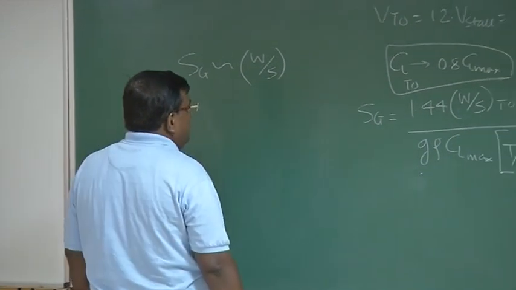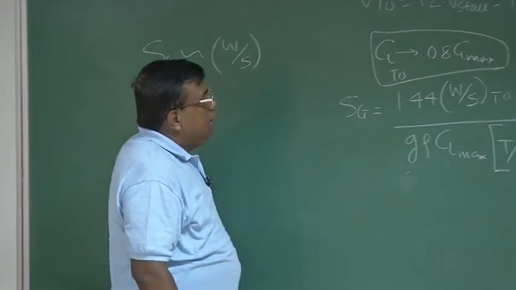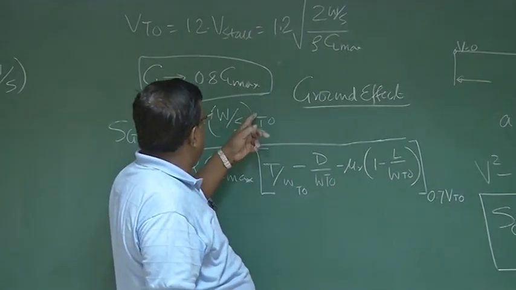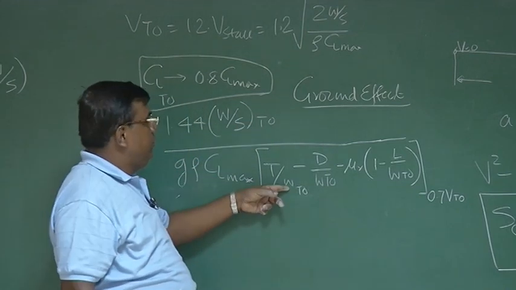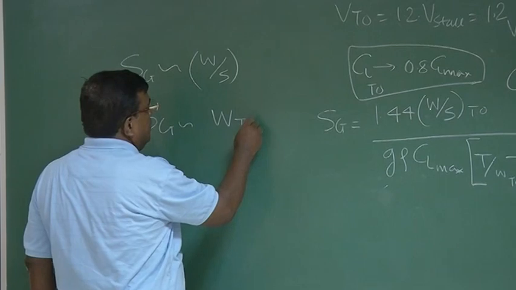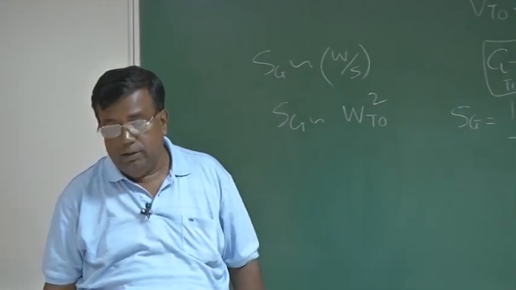Then also we see that SG, if you carefully see, if I take this WTO, W takeoff on the top here, right, then actually SG will be proportional to W takeoff square. What is the message? The message is, if the weight is increased, heavier aircraft will have larger SG.